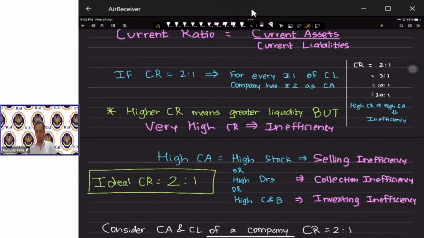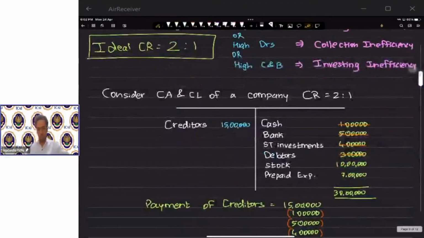And accordingly, if you have a higher stock, there will be selling inefficiency, higher debtors means collection inefficiency, and high amount of cash and bank balance means you are not able to identify good investing opportunities, right? Okay. So next we said that ideal current ratio should be 2:1.